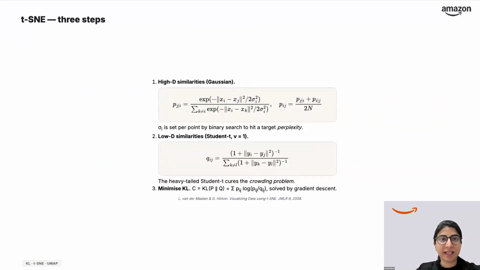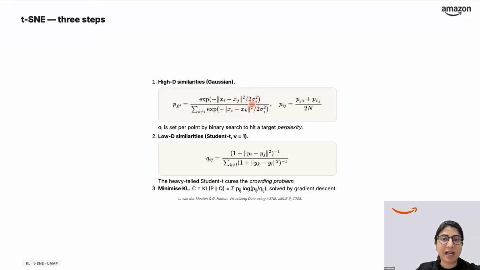So the first is TSNE. There are three steps. First is getting the high dimensional similarity. For every pair of original points xi and xj, we compute a Gaussian similarity, and that's higher when the points are closer, and smaller when the points are far away.